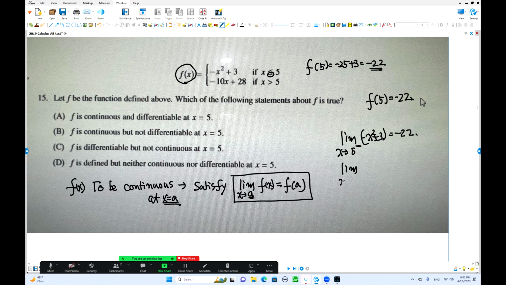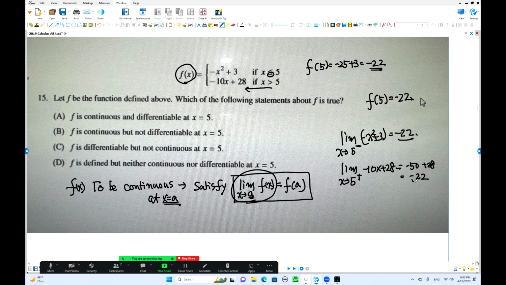Now find the limit as x approaches 5 from the right-hand side, from this side. Close to 5, the limit is the same number. Okay, there is a limit. Then we can compare. If there is no limit, we cannot compare. That's right. So negative 10x plus 28. Put the number 5 there: negative 50 plus 28, negative 22.